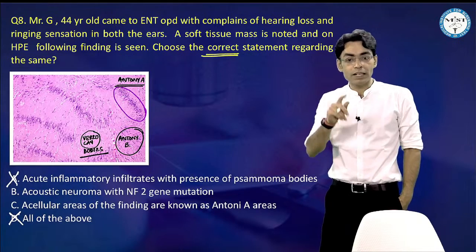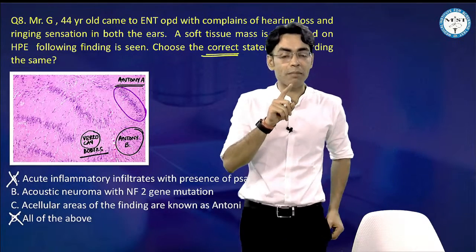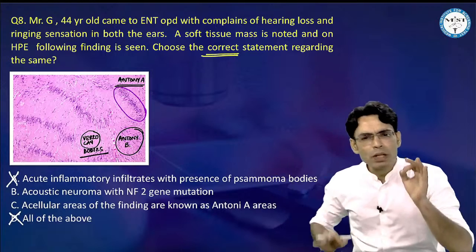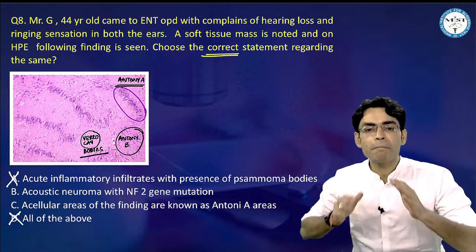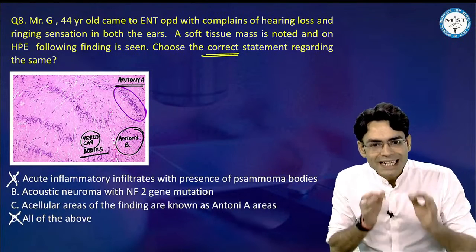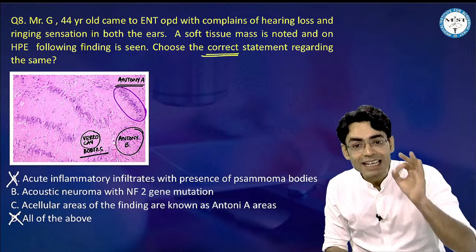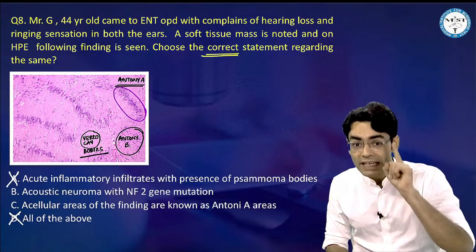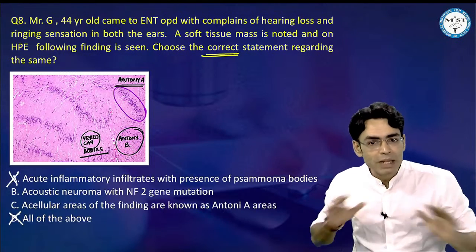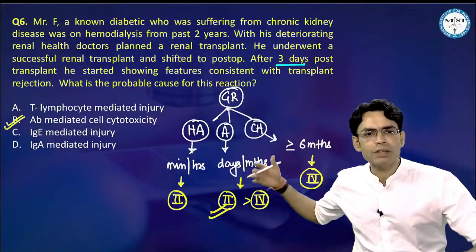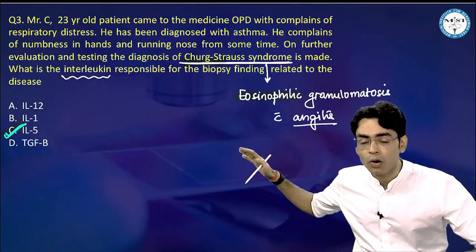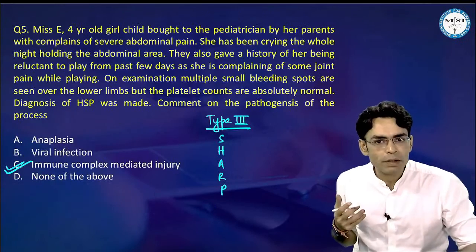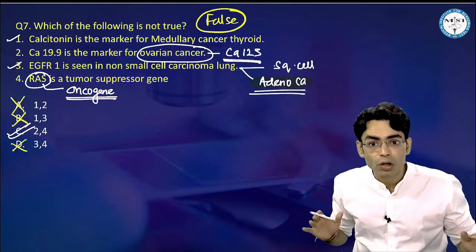So make sure you are not making these silly mistakes in the exam. How can we avoid it? By doing a very simple thing: putting 5 seconds more into a question and reading the question properly. That's the key. It will be a big key in your exam on the 4th. Whatever questions we have done, all these questions are long. If you're losing hope by seeing long questions, you should not.